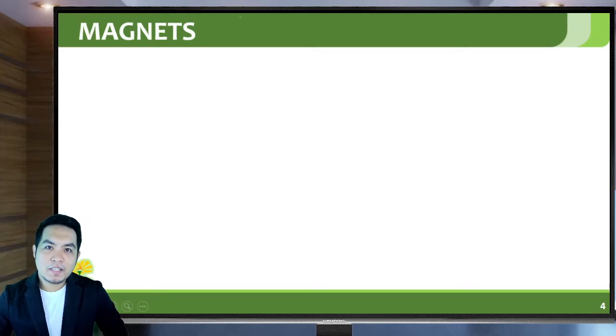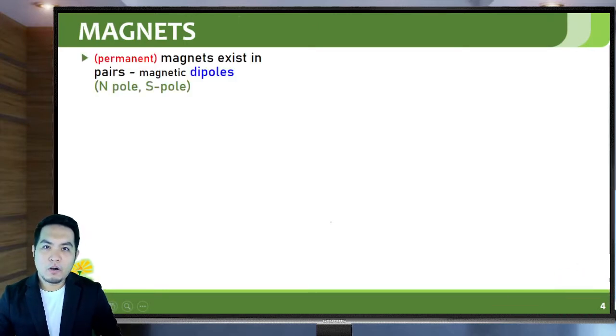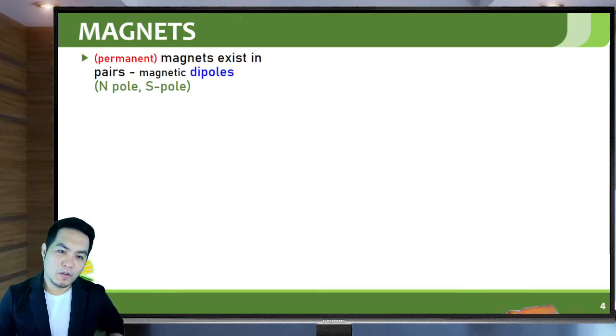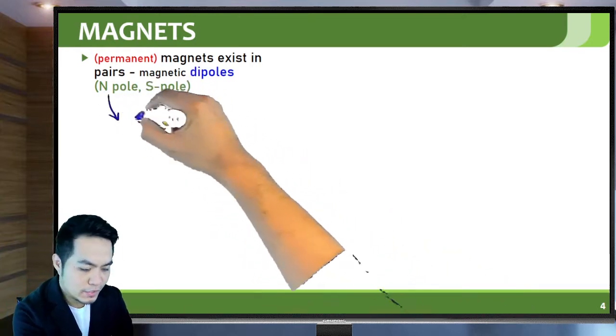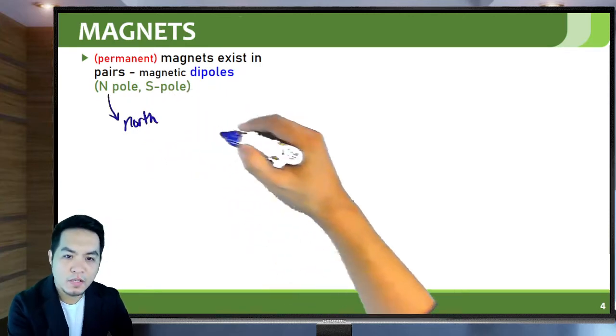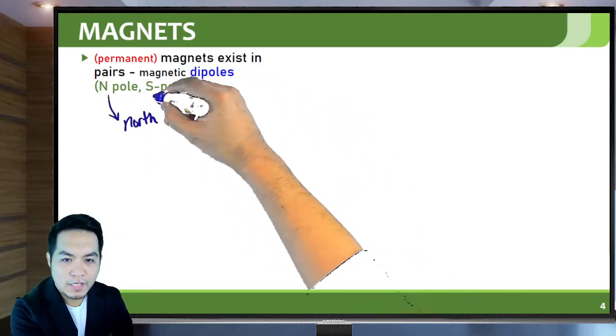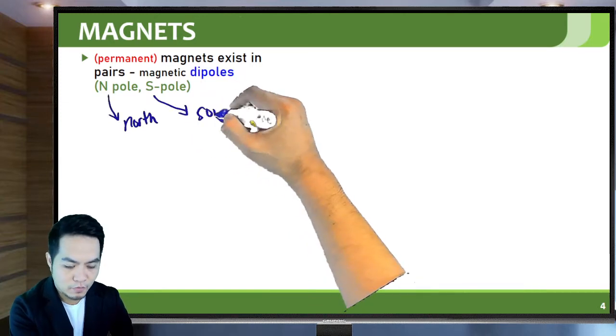So magnets always exist in pairs. The magnets that we know, the refrigerator magnets that you have, are what we call permanent magnets, and they always exist in pairs. It's a pair of a north magnetic pole, or N pole, where N stands for north, and a south magnetic pole, where S stands for south.